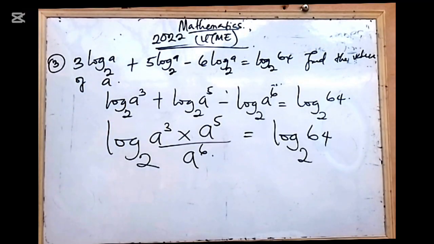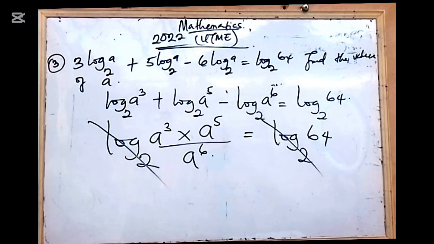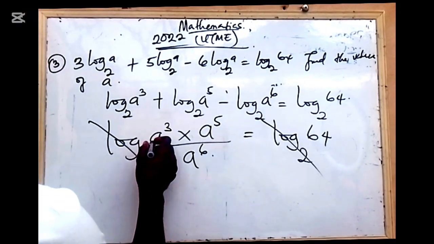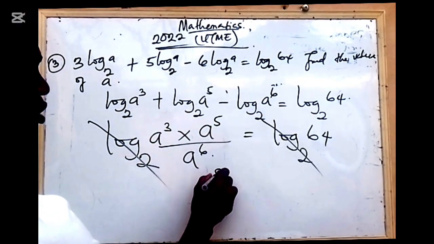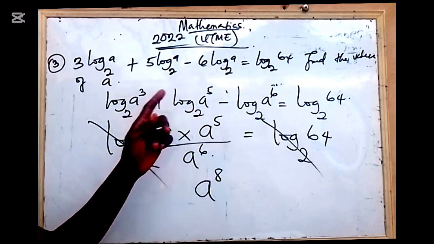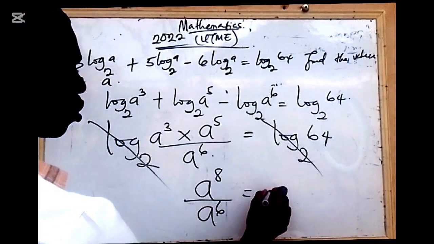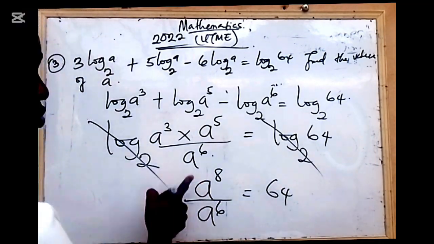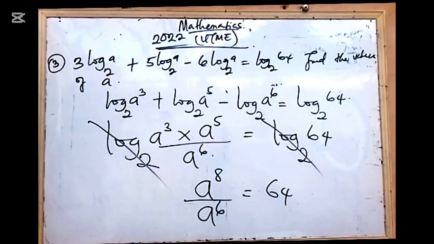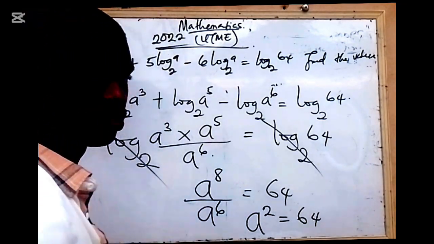Look at what we have here now. This has cancelled this, because they have the same base. So from here, a raised by 8, because we are multiplying, we had 3 plus 5, over a raised by 6, equals 64. This one, we subtract. And that gives a raised by 2 equals 64.